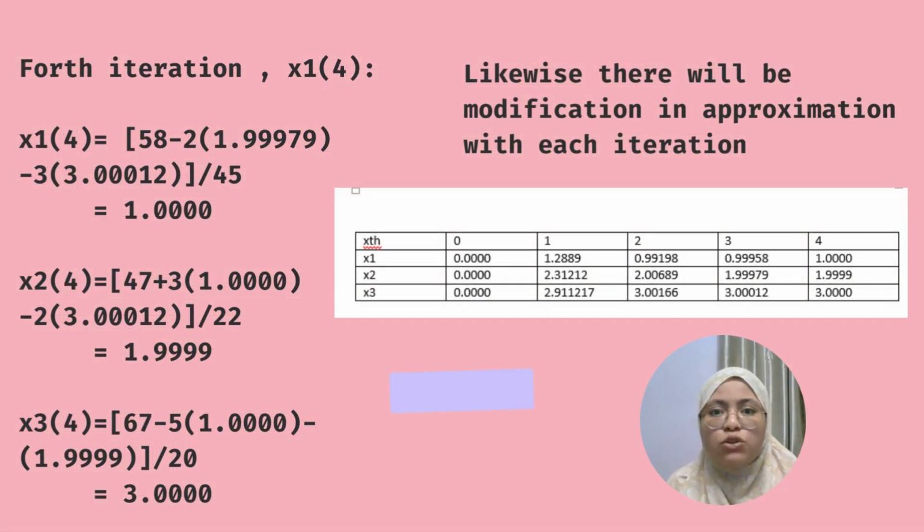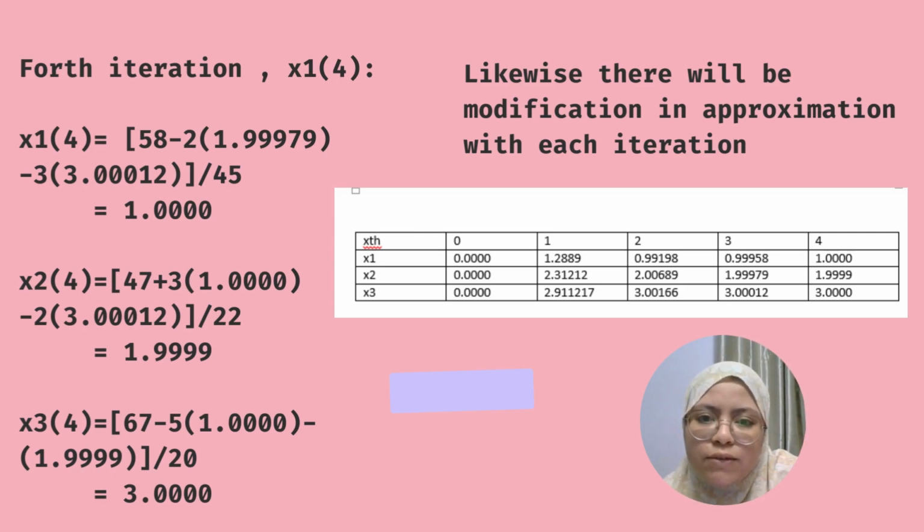We continue with the fourth iteration. At the fourth iteration, the value of x1 is 1.000, x2 is 1.999, and x3 is 3.000. We can see we are near the converged value. Likewise, there will be modification in the approximation with each iteration.